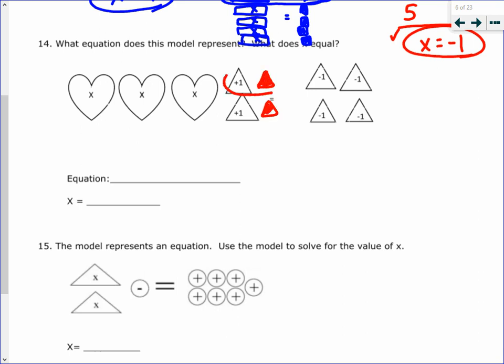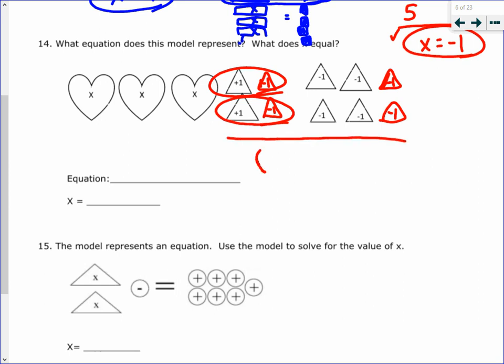So those are zero pairs. Those cancel out. We need to add two negatives here. Redraw this. This should be negatives. These don't cancel out. So now we have three hearts. That's step one. We have three hearts that we want to split the negatives into.